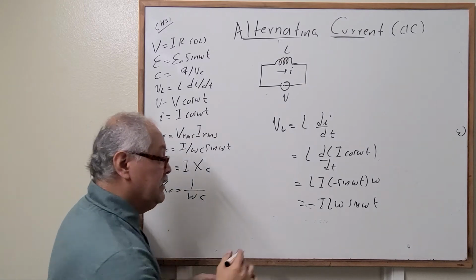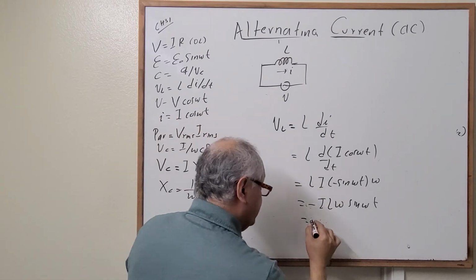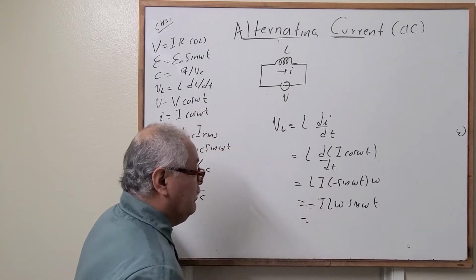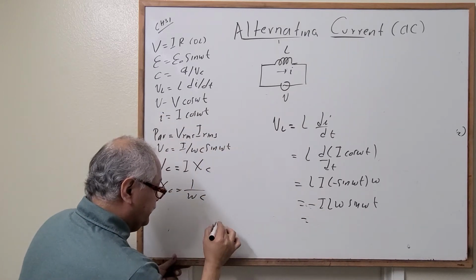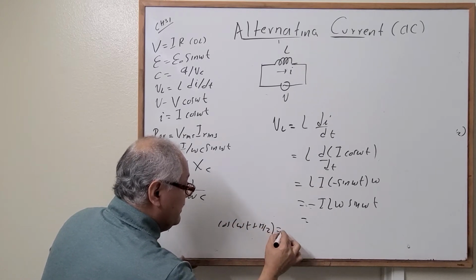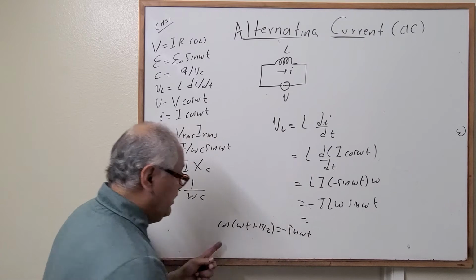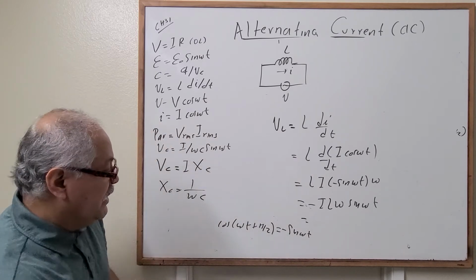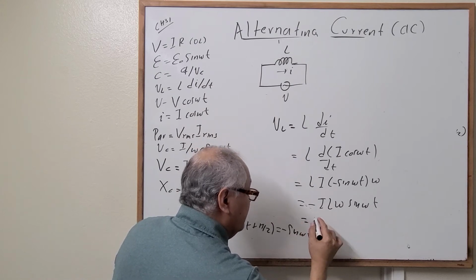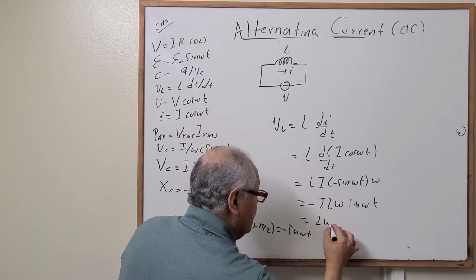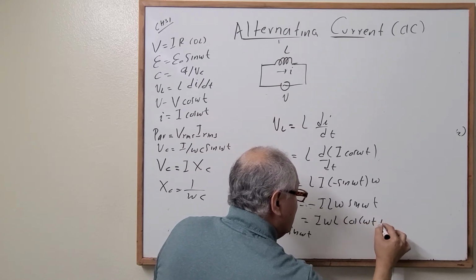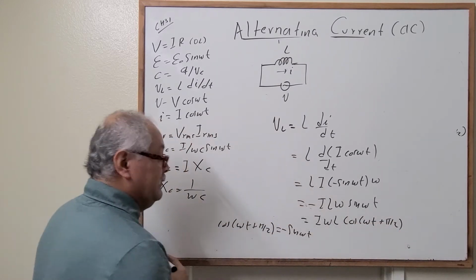Also, we can represent this in this way. Remember, cosine of omega t plus pi divided by 2 is equal to negative sine omega t. If we use this relationship, we get current times omega L times cosine of omega t plus pi divided by 2.